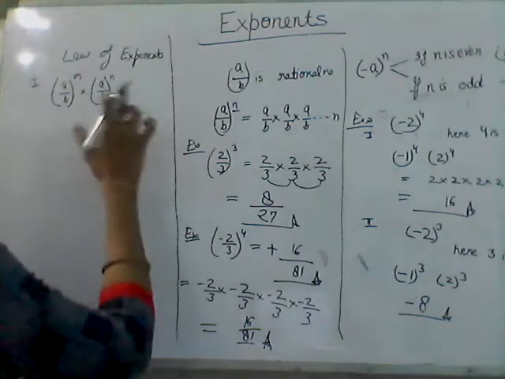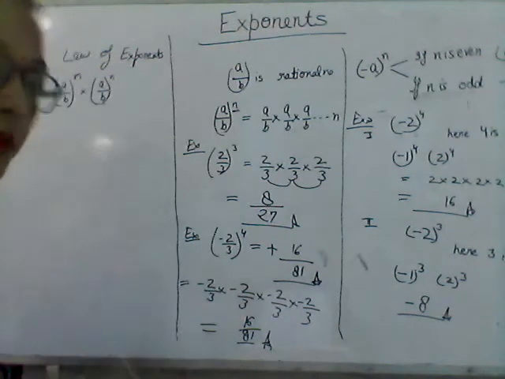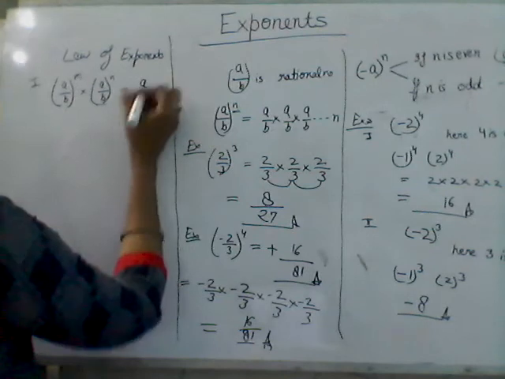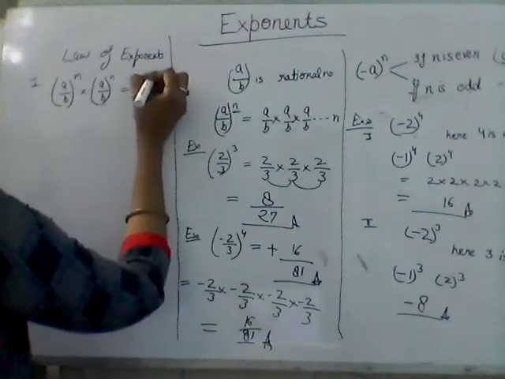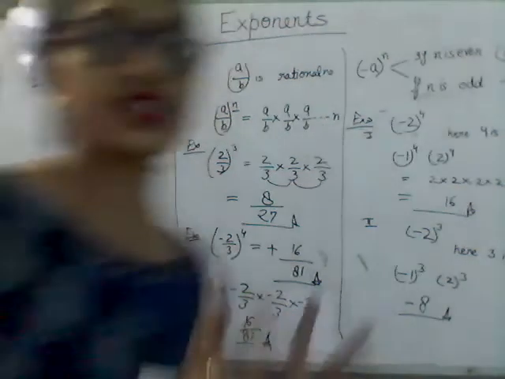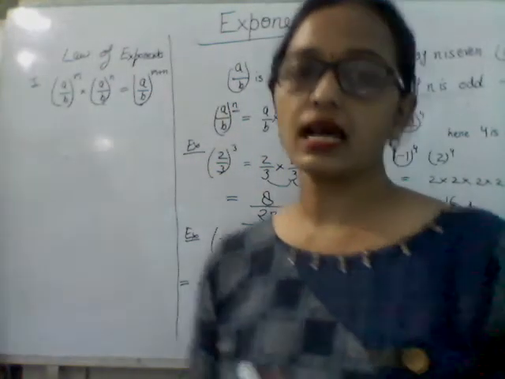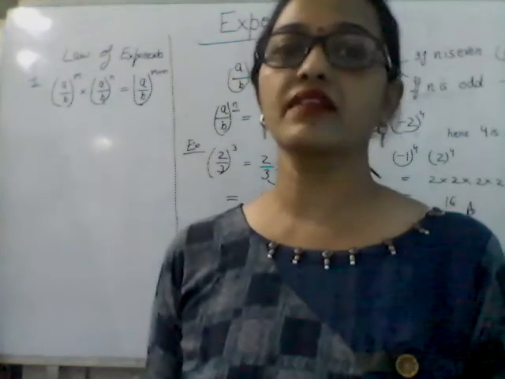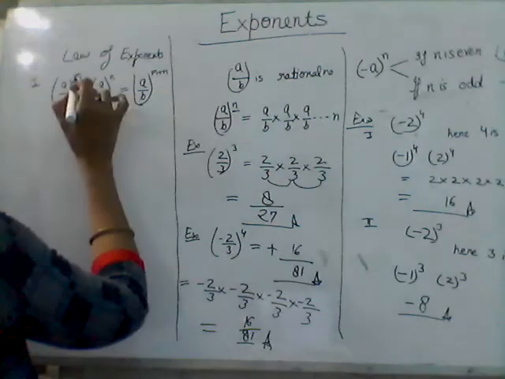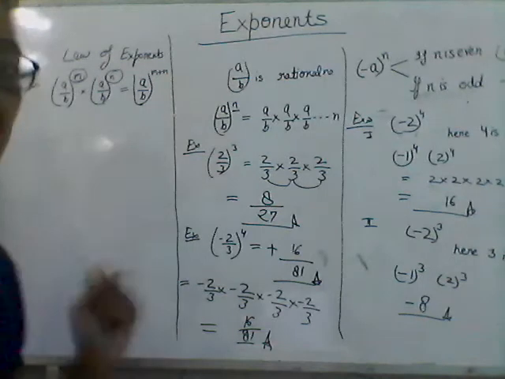Then we get a upon b to the power m plus n. If two rational numbers have the same base but different powers, then we add the powers m and n.